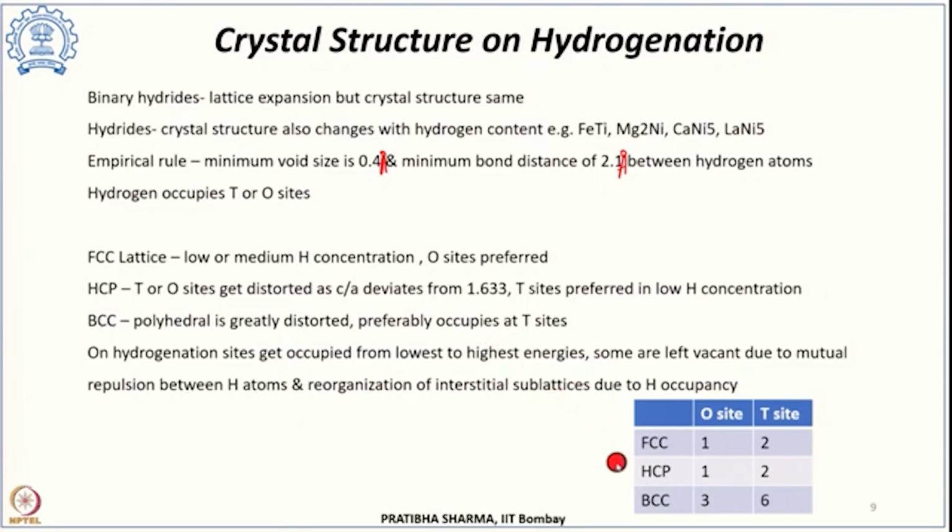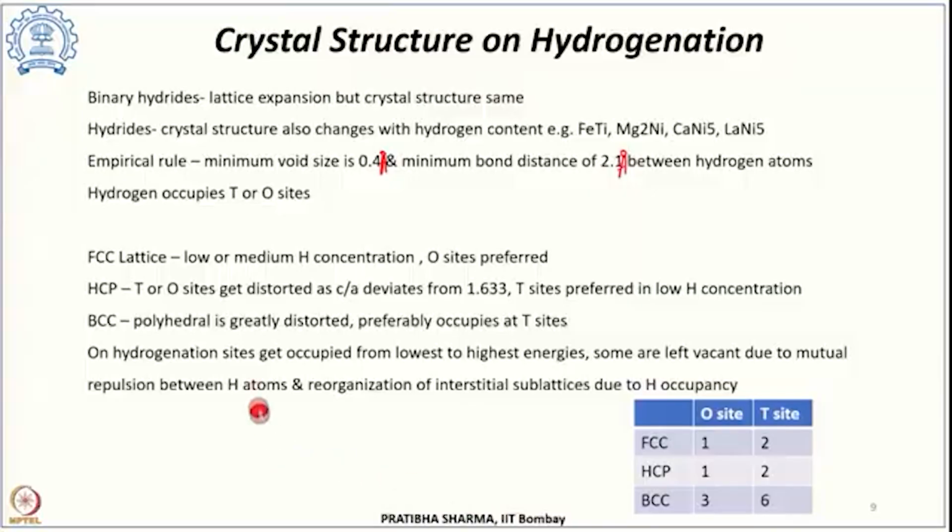Now if we see the different crystal structures, FCC has one octahedral site and two tetrahedral sites, HCP has one octahedral and two tetrahedral sites, BCC has 3 octahedral and 6 tetrahedral sites. The hydrogenation will take place in such a way that the lower energy sites get occupied first and then the higher energy sites, so the order goes from the lowest to the highest energy.